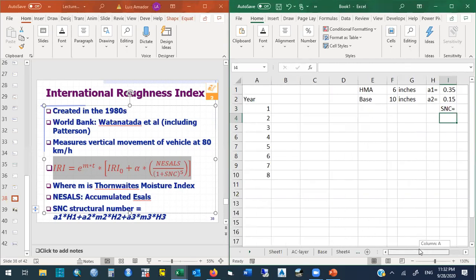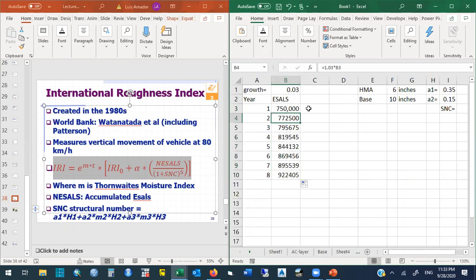And then my results, let's put my results here. So let's imagine I have, I think I said 750,000 before in the example. And then I say a growth rate, let's imagine it's a constant 3%. So this will be 1.03 times that. And my results will grow. But I need to accumulate.